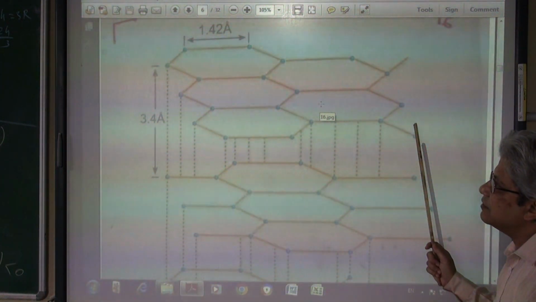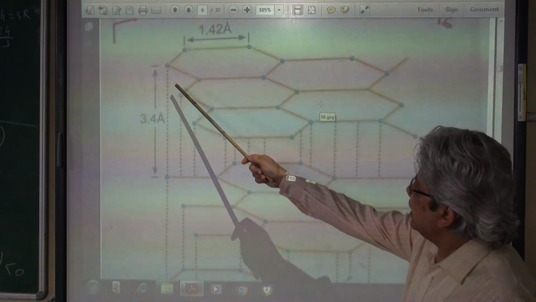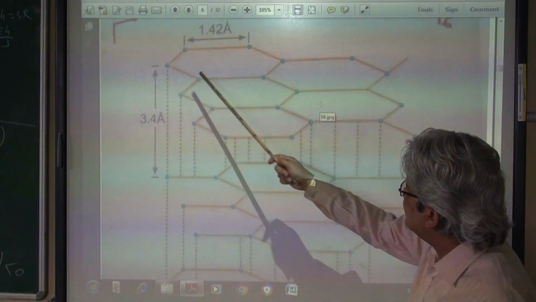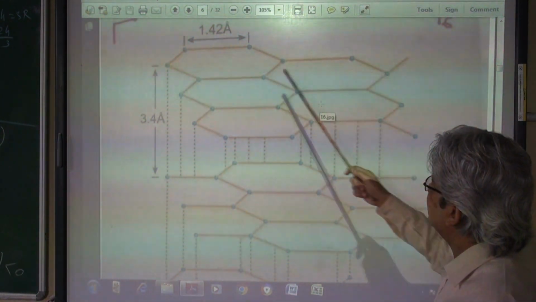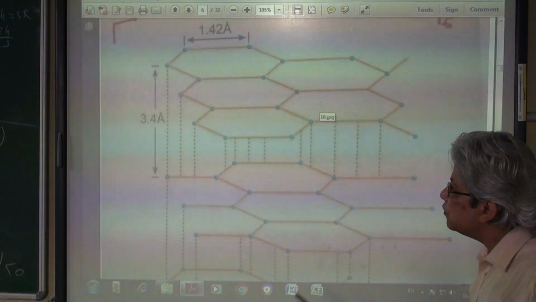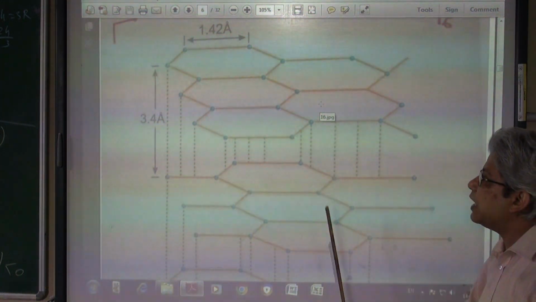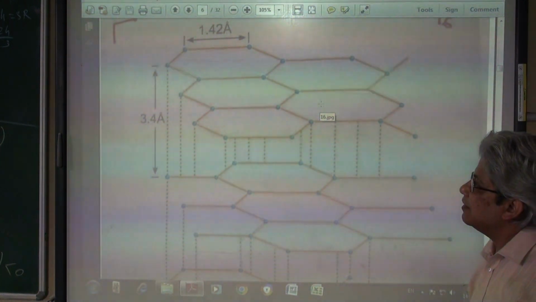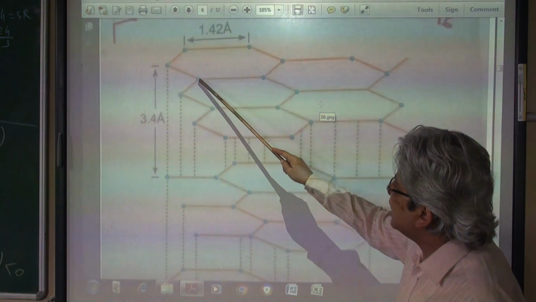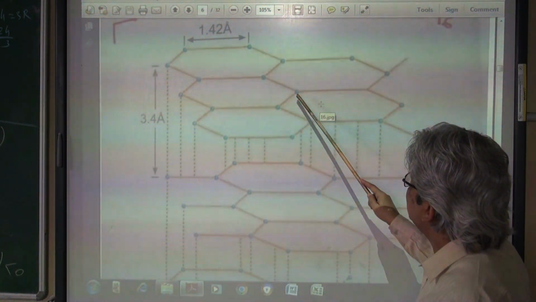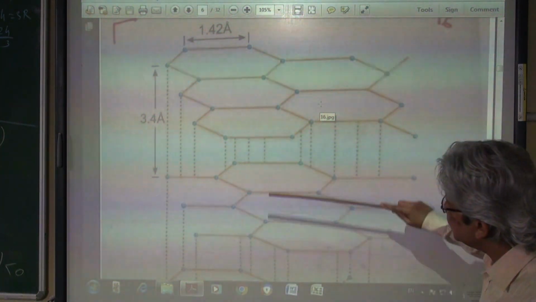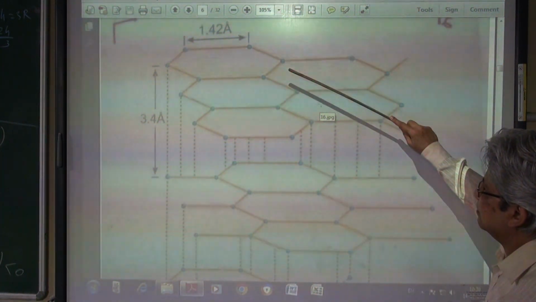How to explain it? Look, electrons can move from one end to another along the plane or parallel to the plane, but cannot move vertically through the planes, because an electron can jump from one p orbital to the next one, to the next one, to move from one end to the other. But through the plane it cannot.